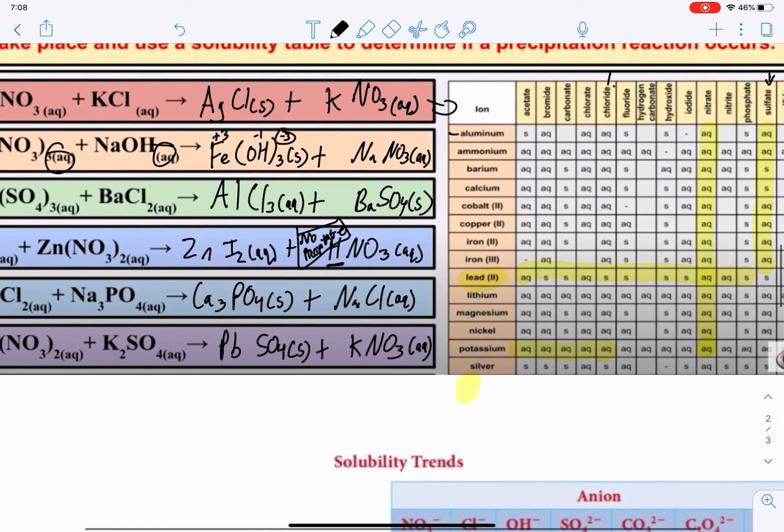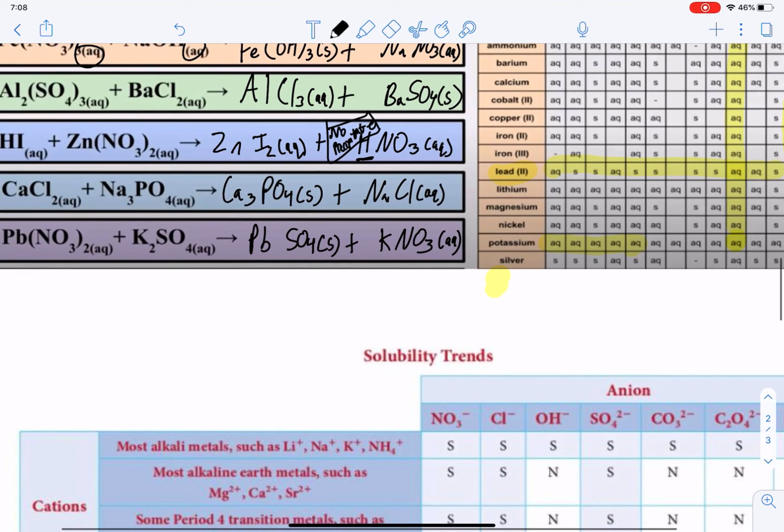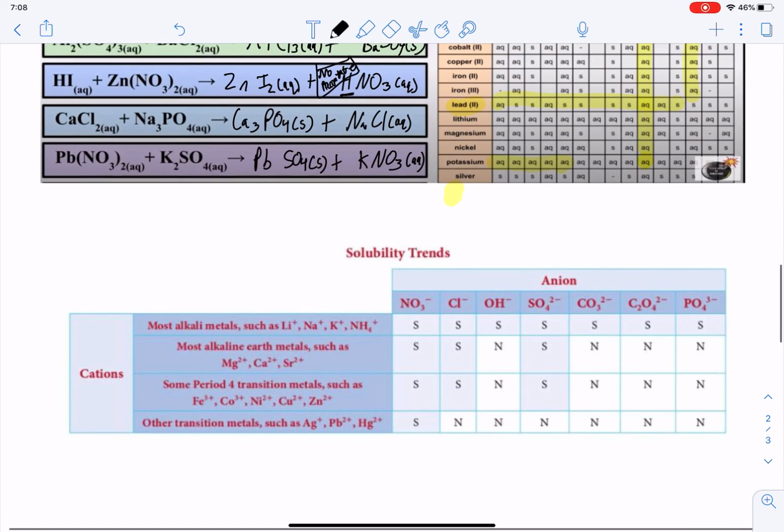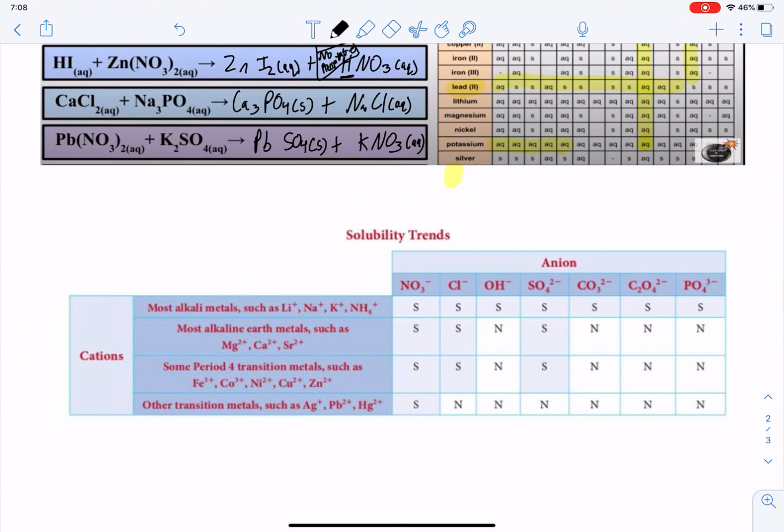All right, so that's how you can predict the products. Again, you got to use a table in order to do that. Also, based off our review of double replacement reactions. This is another solubility table, so we can use this for some problems as well. Basically, we have our cations on the y-axis and our anions, our negatively charged ions, as the x-axis.